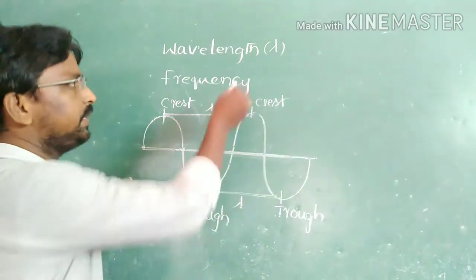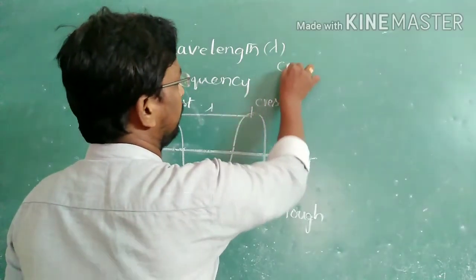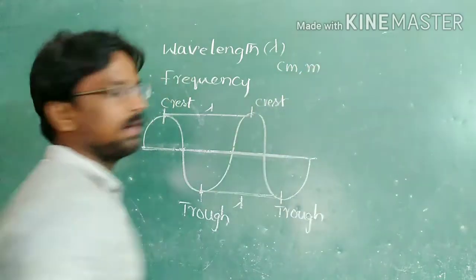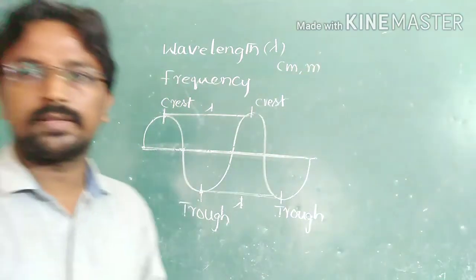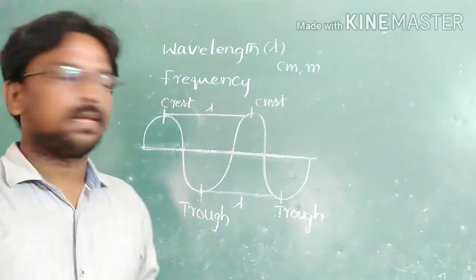The units for wavelength are generally centimeters and meters.